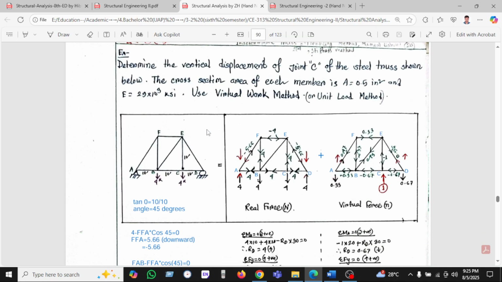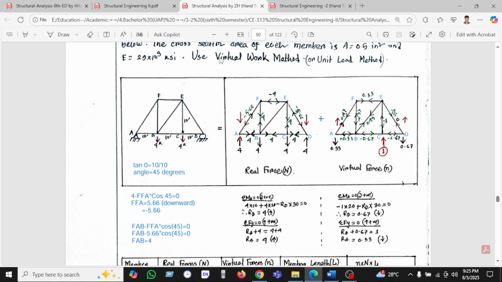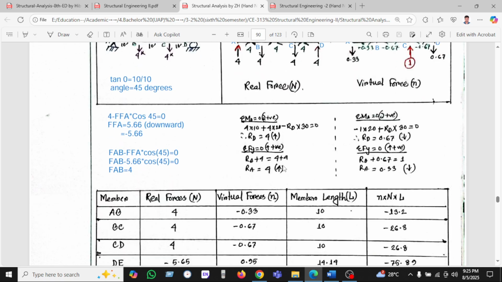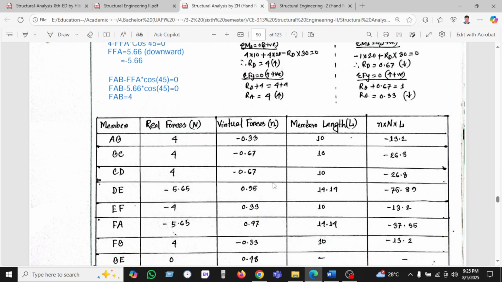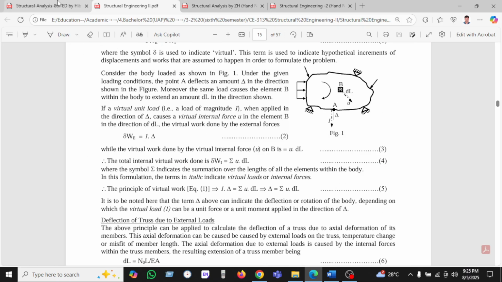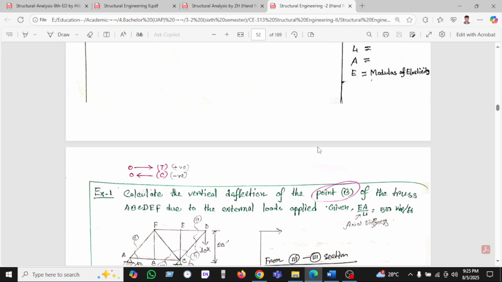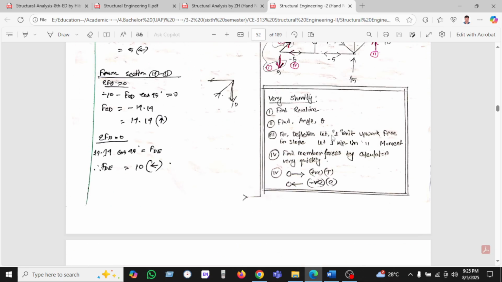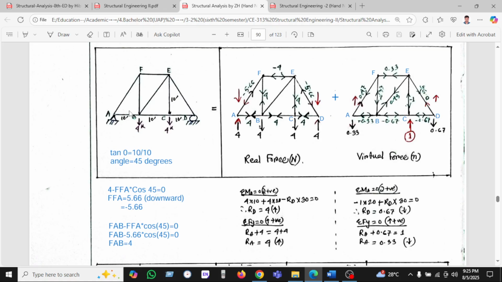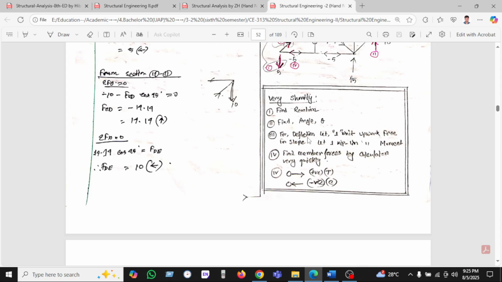Okay, that is done. First of all, I'm just writing here very shortly how we will solve this problem. This is the sequence. At first we have to find the reactions and find the angle, the adjacent angle between AB and AF, and find the deflection.